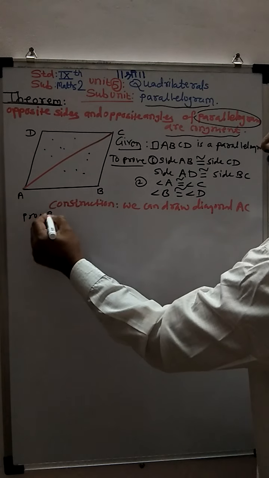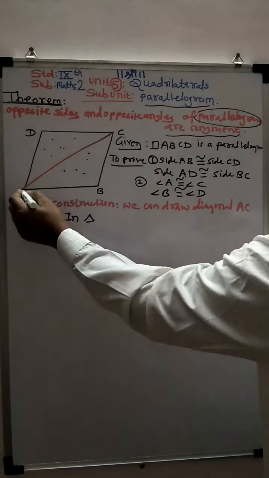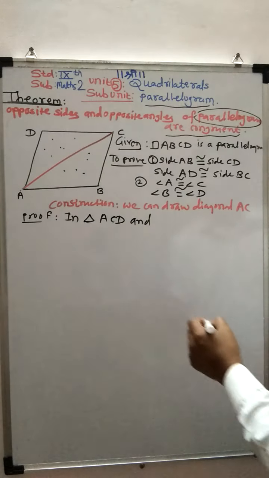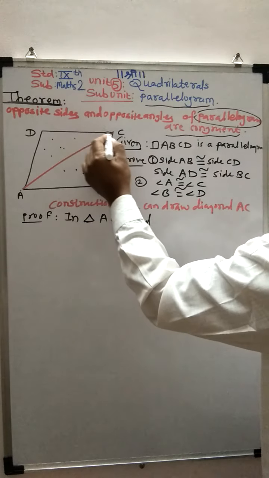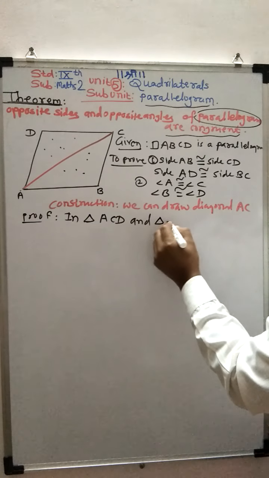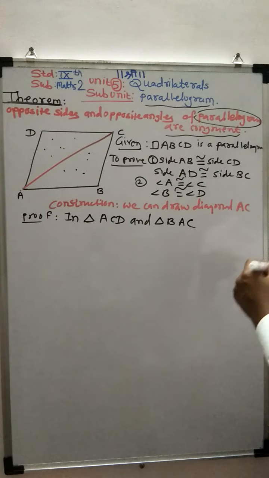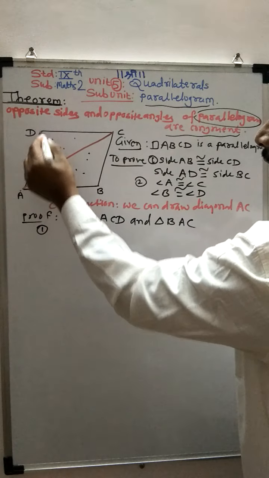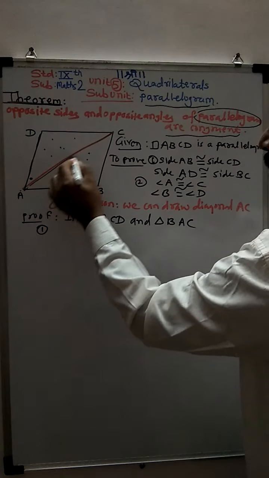Proof: in triangle ACD and triangle CAB, first, angle DAC congruent to angle BCA. See here, these lines are parallel, so alternate angles are formed.